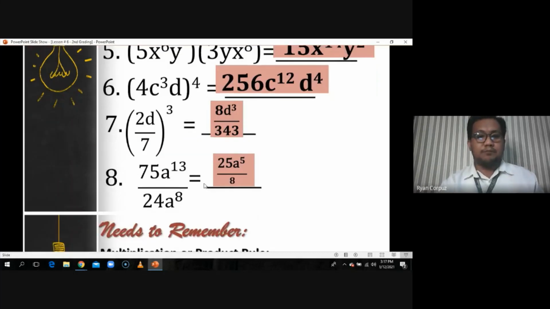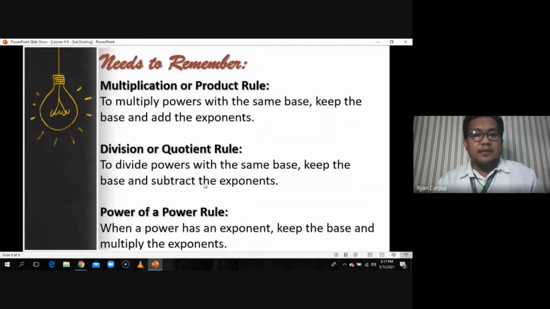So now, there are things here that you need to remember in order for you to simplify expressions involving exponents. So ito lang yung pinaka mga basic. So una, multiplication or the product rule na tinatawag natin.